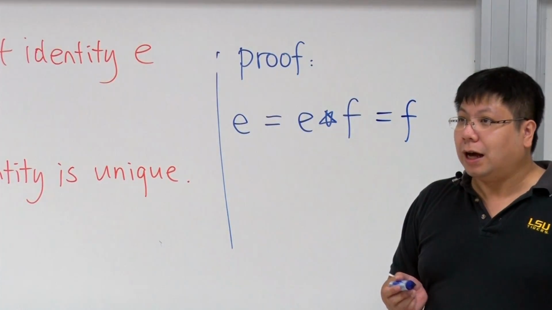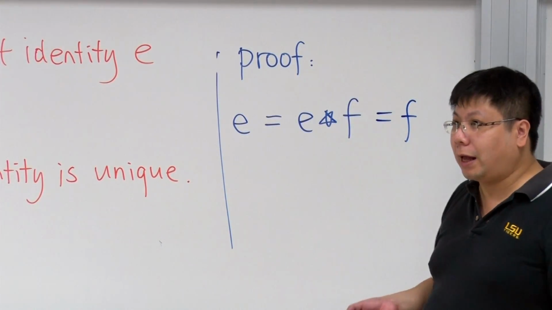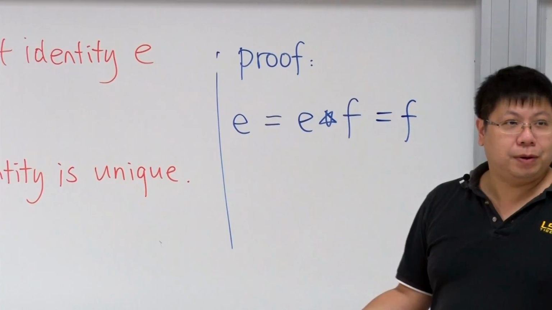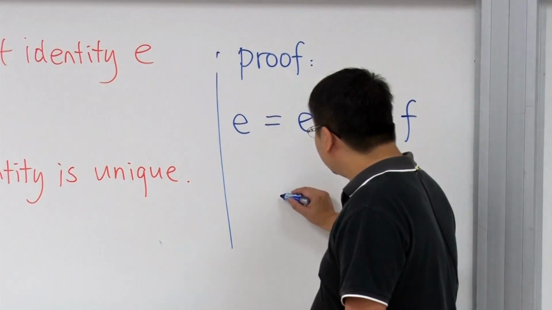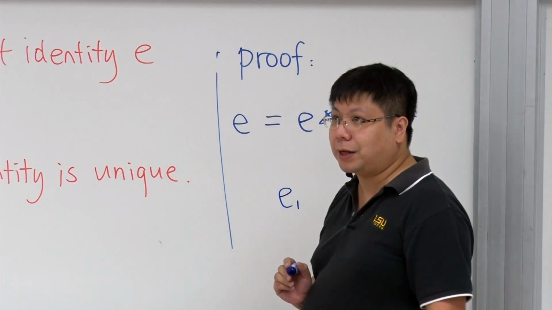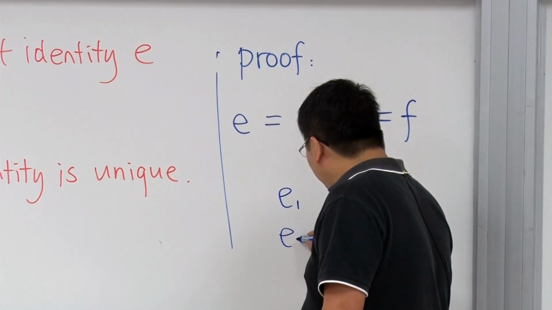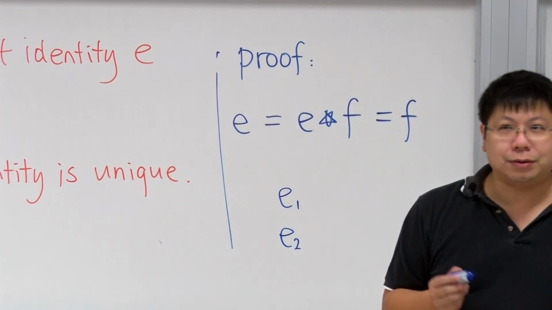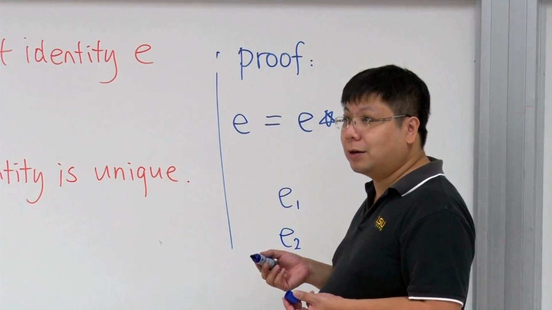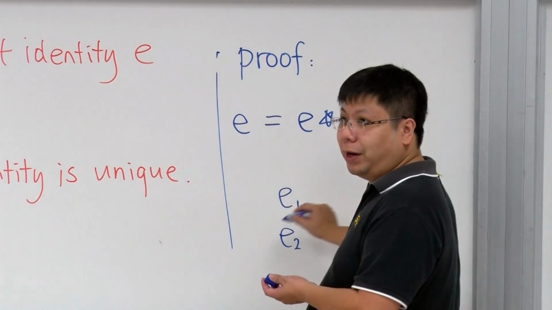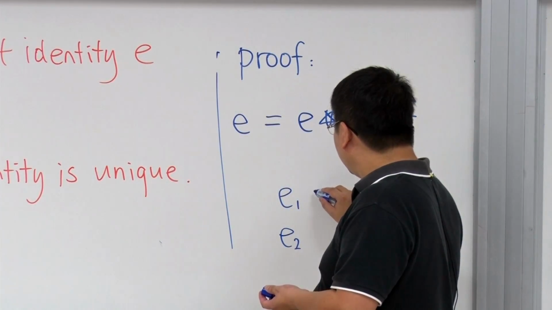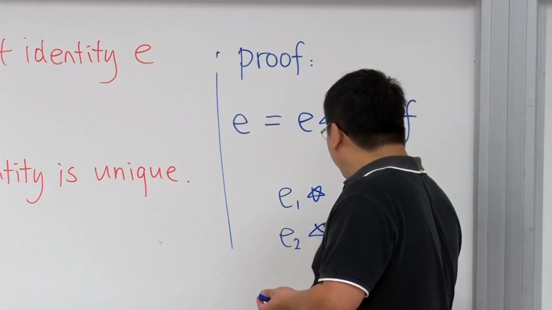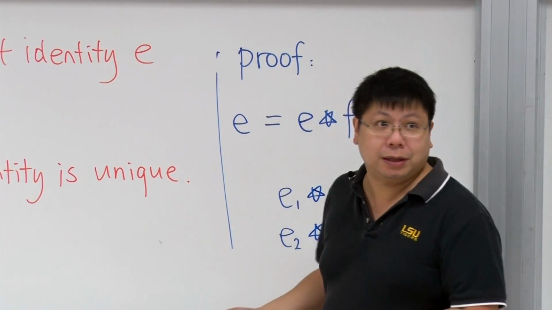So good. So first of all, we know E has to be equal to F. Is that okay? And then let's see if there can be any two possible left identities. So for instance, let's say E1 is a left identity, and there's another left identity E2. Now, if they are both left identities, then when they operate on the same item, it has to be the same, right?